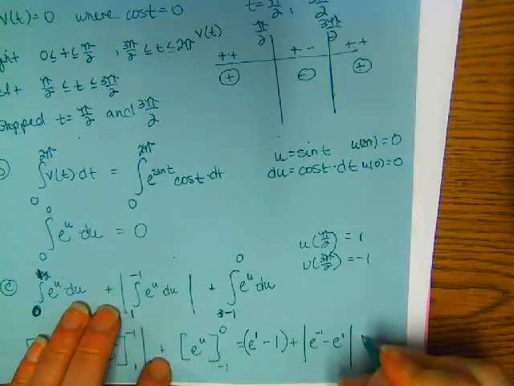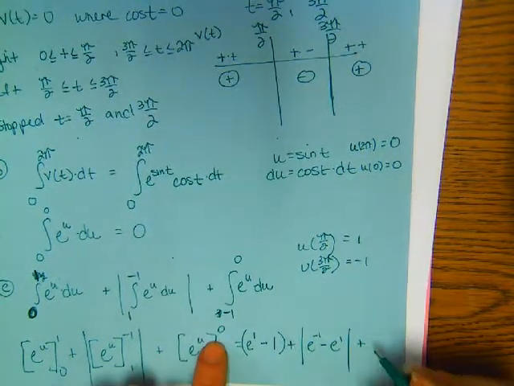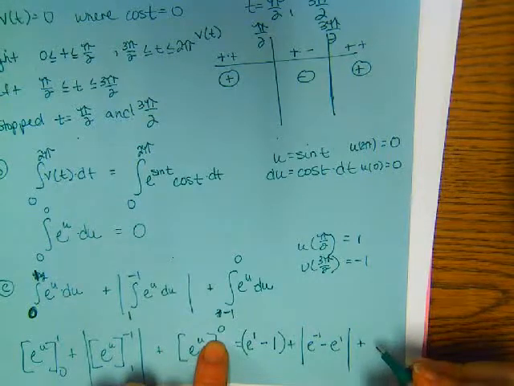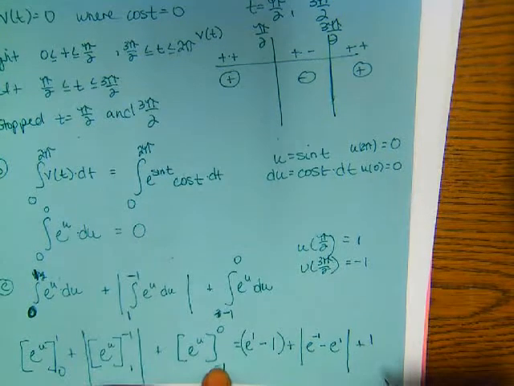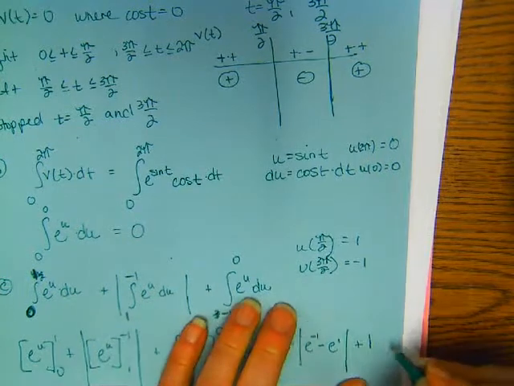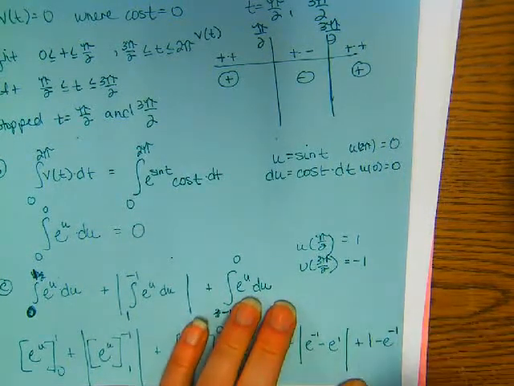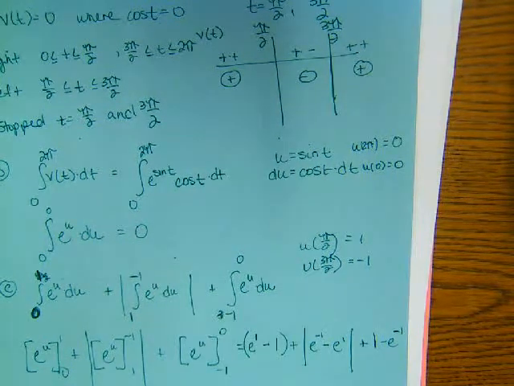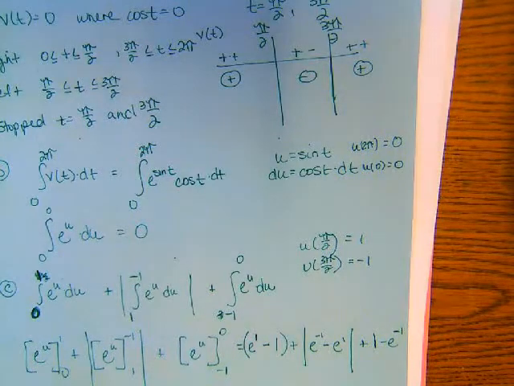Make that absolute value. Plus, this would be e to the 0, which is 1, minus e to the negative 1. Okay.